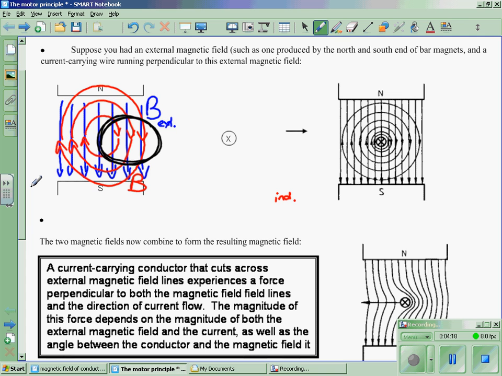On the other hand, if I take a look directly to the left side, you'll notice that the external magnetic field lines do go towards the south pole, but the induced magnetic field lines, the ones that you see in red, are actually going in the opposite direction, towards the north. Okay?